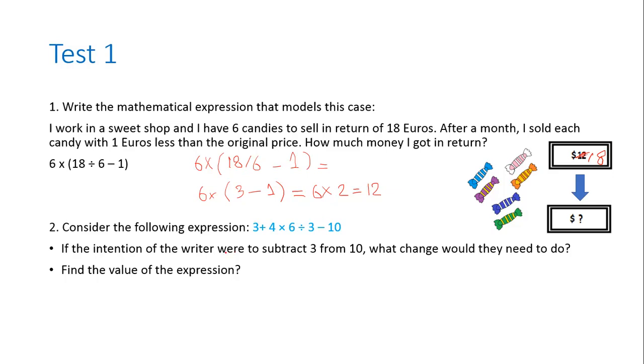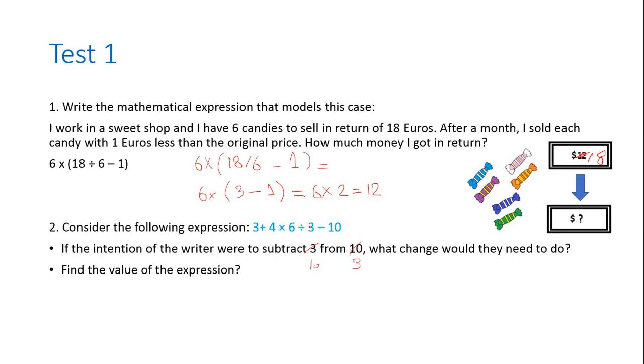However, now, maybe the writer has a certain problem and he is using this numerical expression as a model to this problem. And he needs, or she needs, to subtract 10 from 3, and he needs to do something to let the person who is finding the value of the expression understand his intention.